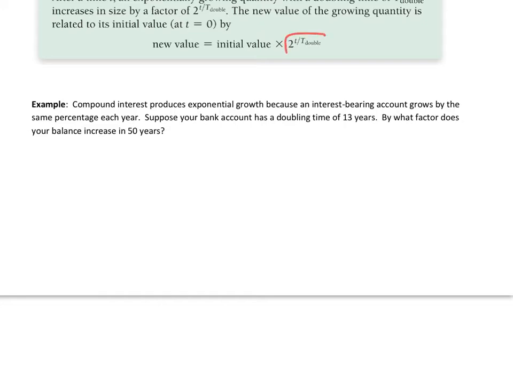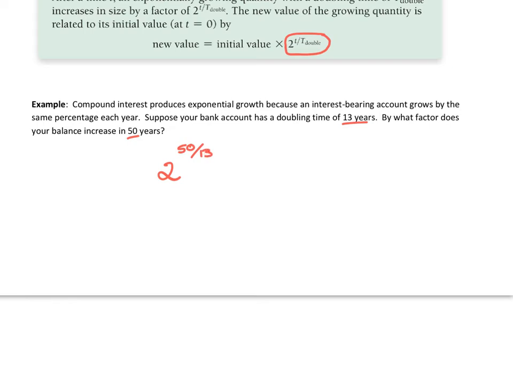All we have to do is figure out 2 to the how long we are holding our balance, 50 years, divided by how long it takes for the account to double, 13 years. So we would have 2 to the 50 over 13 power.